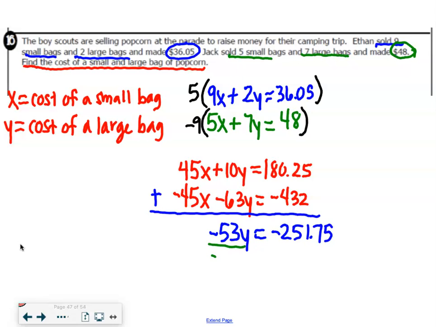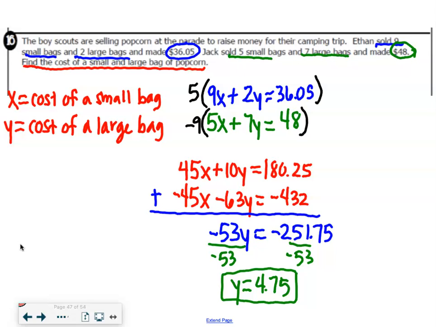Divide by -53. So we find that y equals $4.75. So for a large bag of Boy Scouts popcorn, it's $4.75.